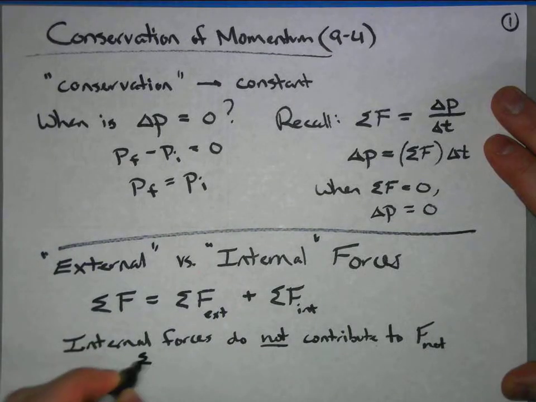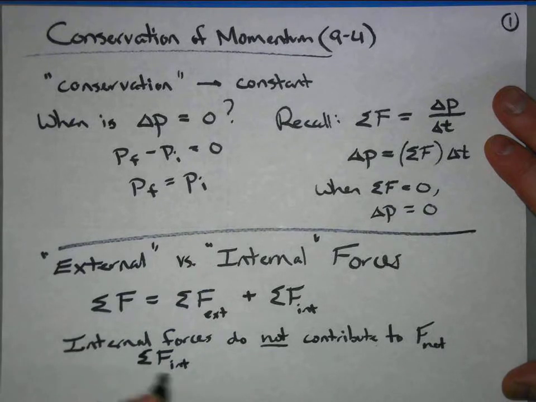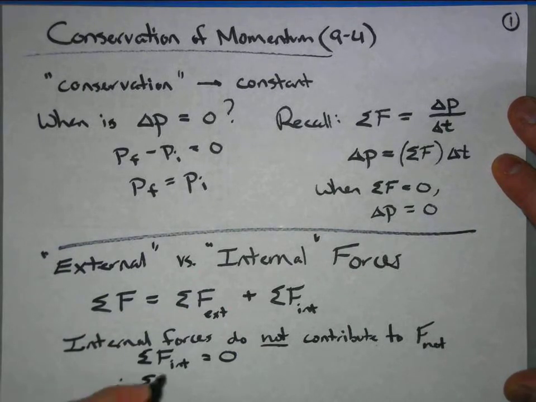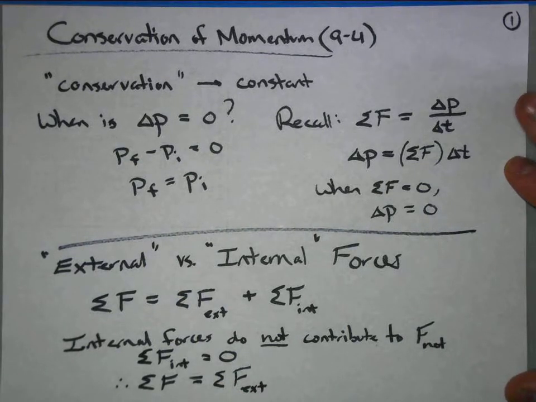So, the sum of the internal forces will always be zero, and therefore we can say that the sum of forces acting on an object is simply only equal to the sum of the external forces that are acting on the object.